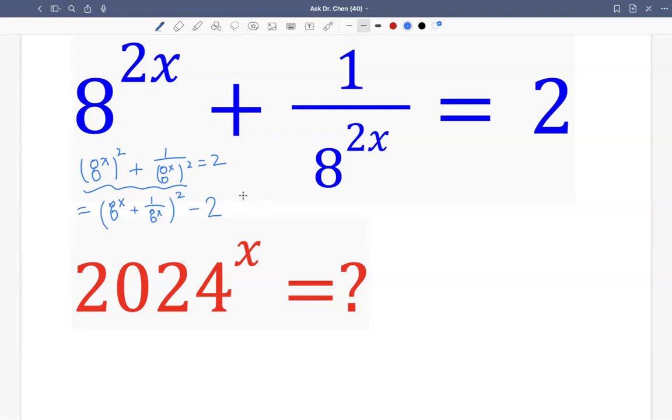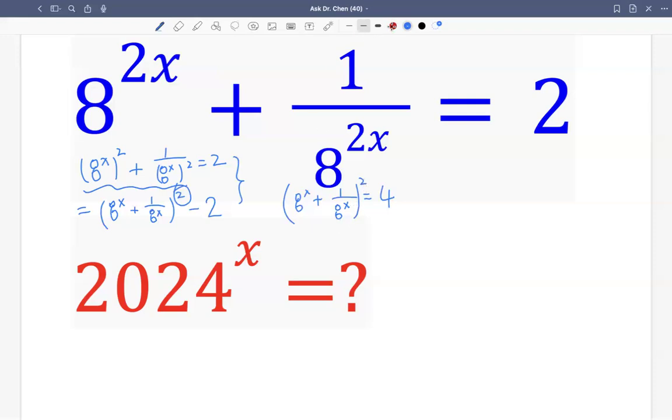Combining these two equations, we have a raised by x plus 1 over a raised by x, squared, equals 2. Move this -2 to the other side, or add 2 on both sides, equals 4. Oh, sorry, I forgot this square. This has a square, equals 4.